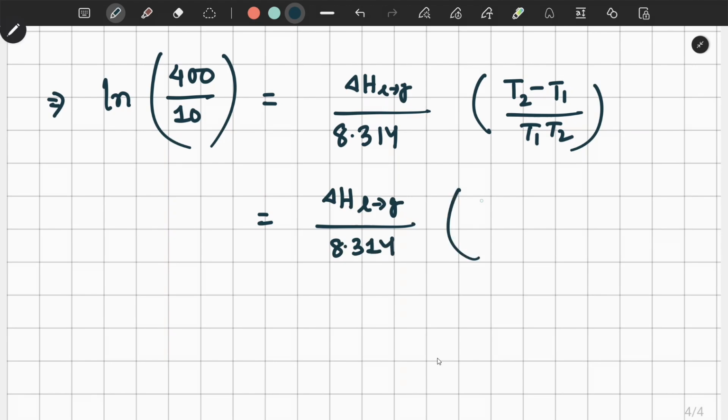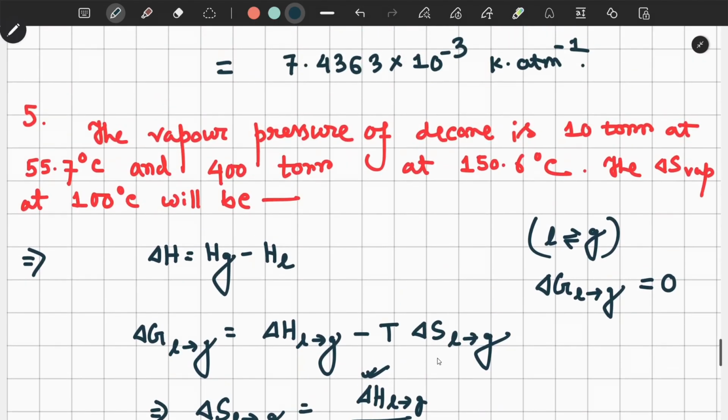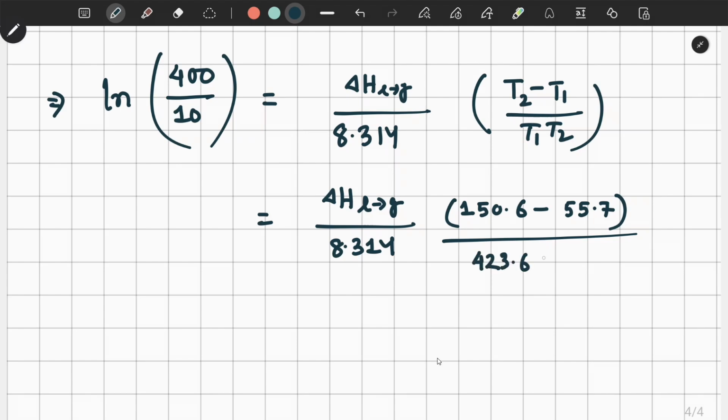T2 minus T1 will be 150.6 minus 55.7, and T1 into T2, where you have to add 273, so it will be 253.6 into 328.7.